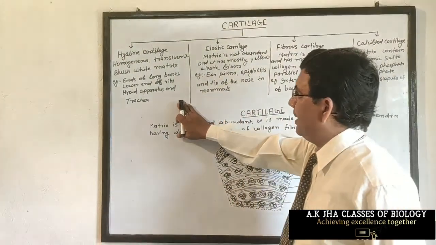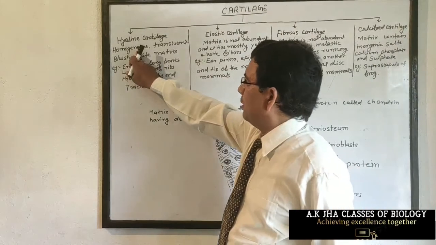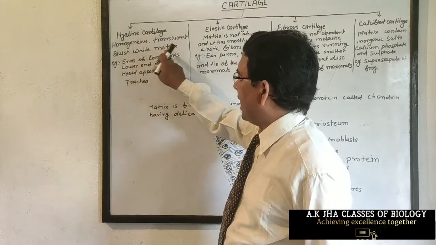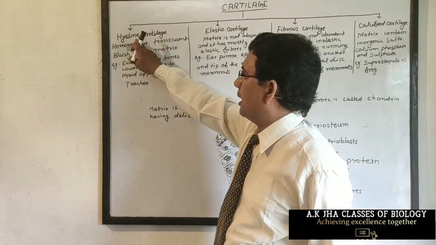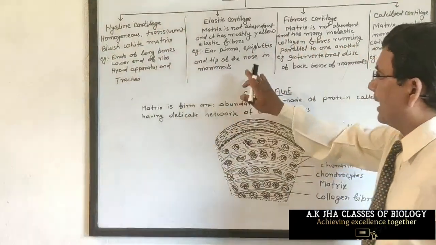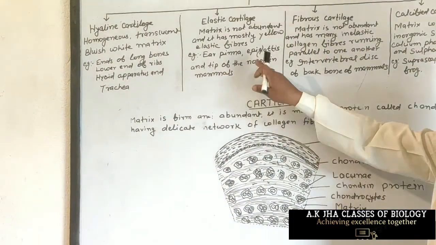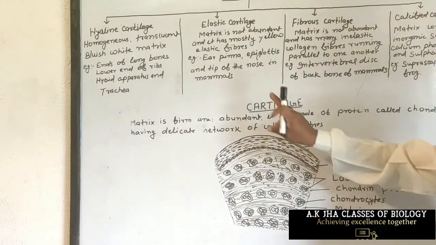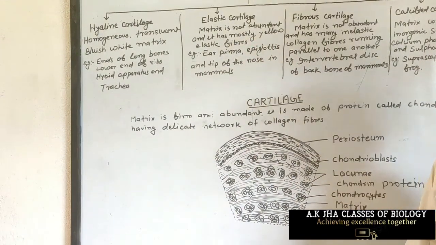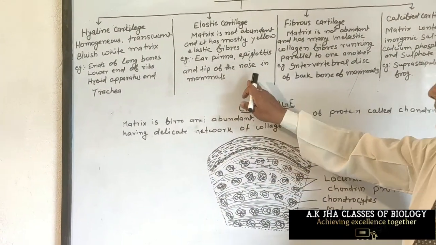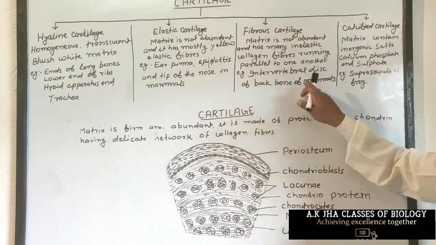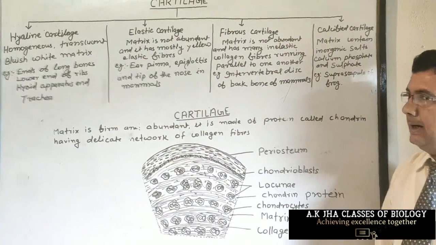That means these four types of cartilage are classified on the basis of their matrix and the substances present in the matrix. First, a homogeneous, translucent, bluish-white matrix is present, so it is called hyaline cartilage. Second, elastic cartilage: the matrix is not abundant and it has mostly yellow elastic fibers, so it is called elastic cartilage. And third is fibrous cartilage. It contains mainly fibers.